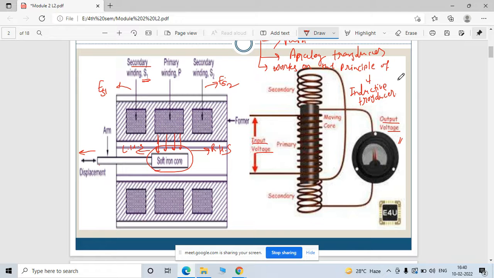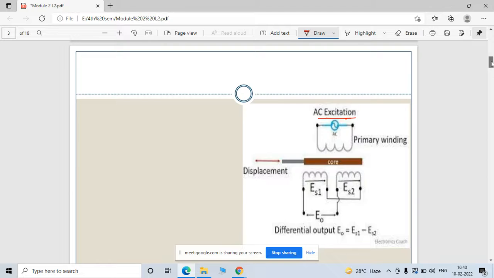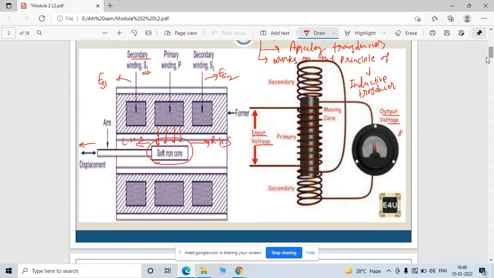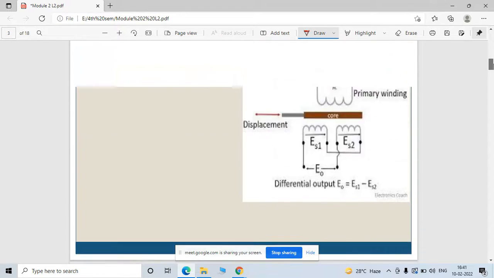Now this output: one of the inputs is taken from this primary, and another is taken from this secondary coil.